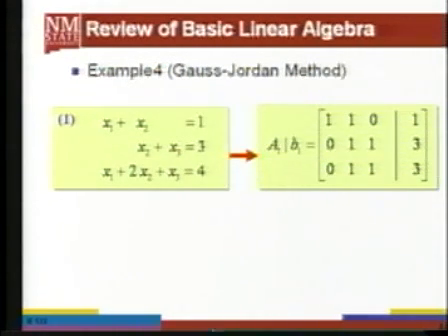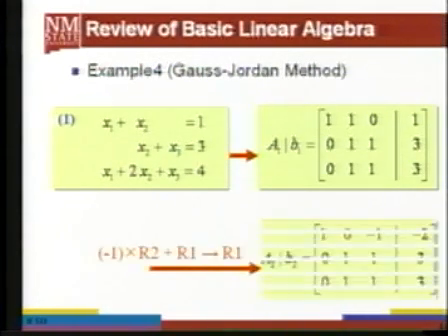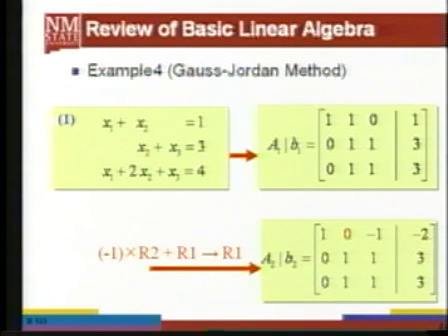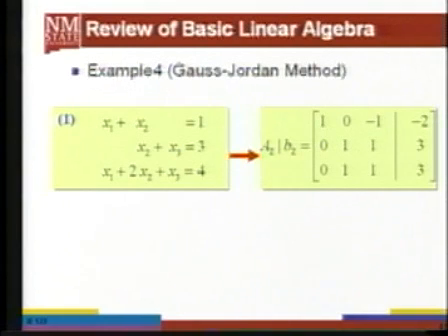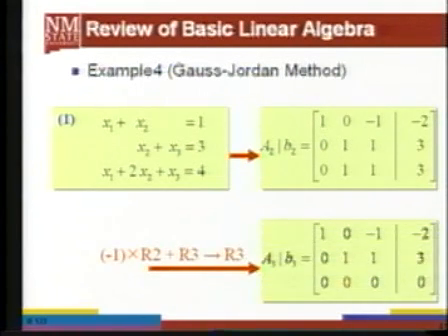And then next we replace row number 1 by -1 times row number 2 plus row number 1. And next we replace row number 3 by -1 times row number 2 plus row number 3, right?